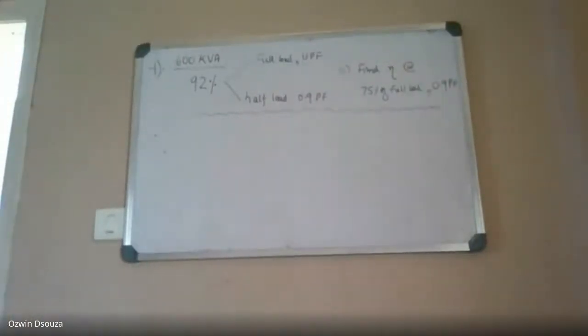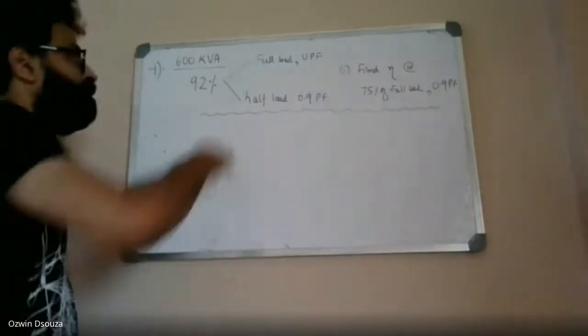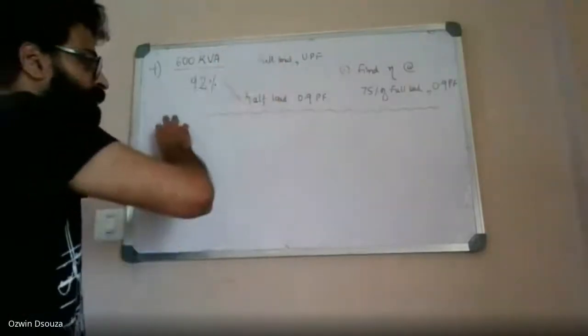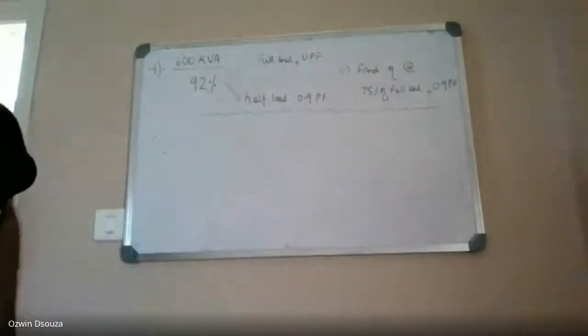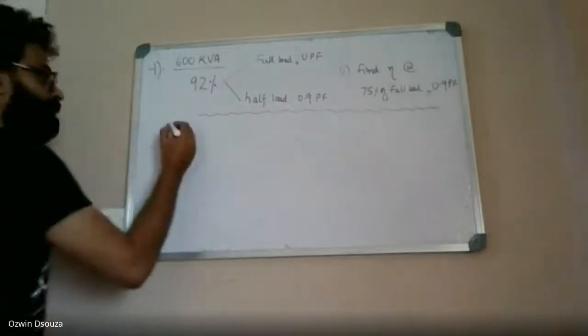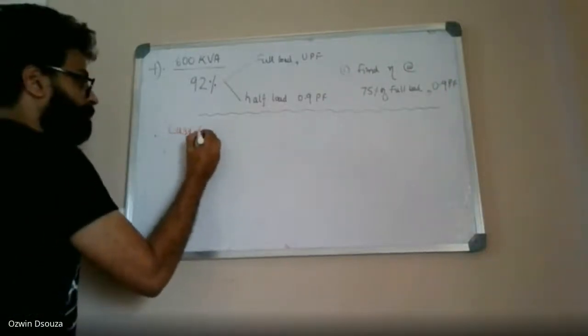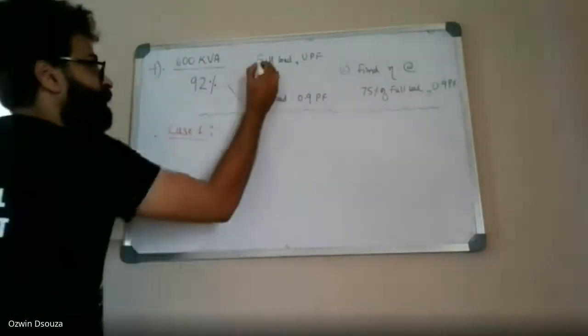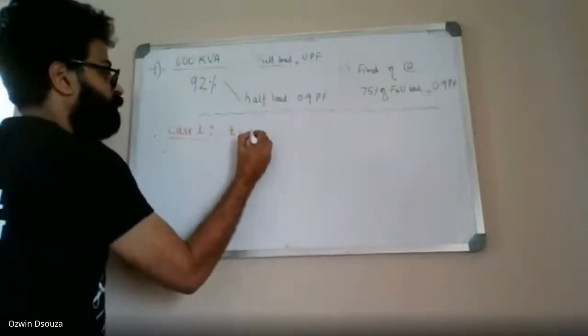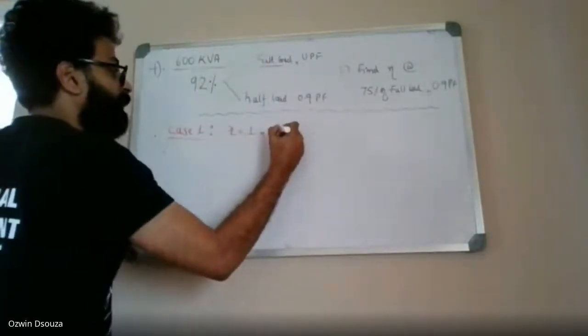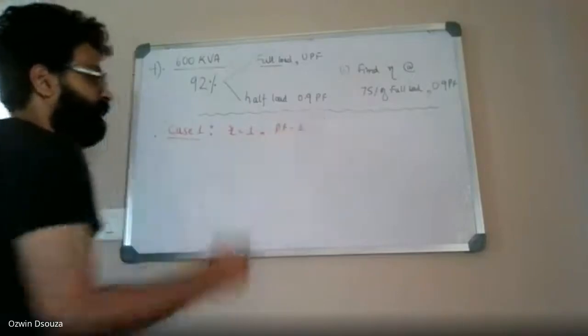How will you solve? Write down the efficiency relation for two cases. So you take case 1. In case 1, x is 1 because full load and power factor is 1.